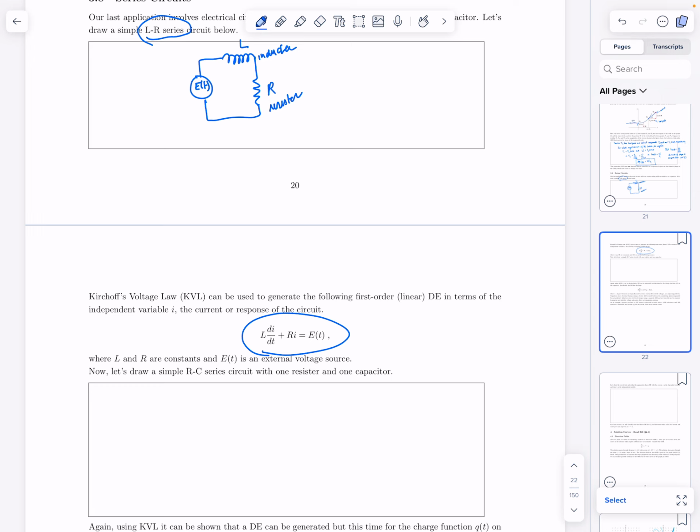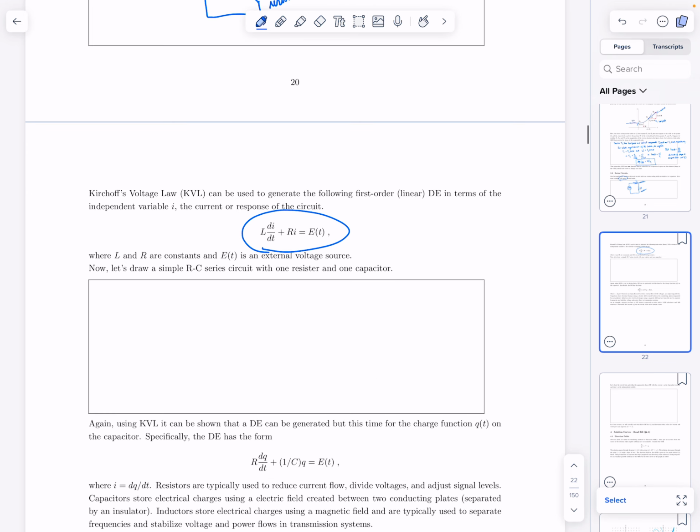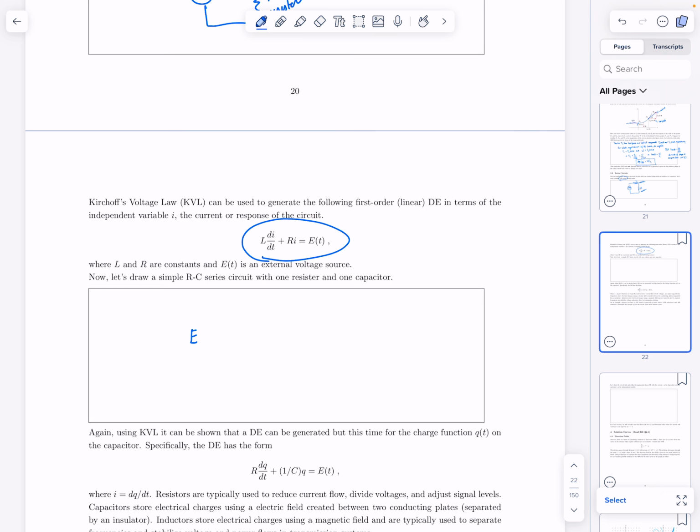Another option is maybe you only store energy with a capacitance. So you'd have your electromotive source here, and you would have a resistance again, R, but then you would have a capacitor, C there, again storing energy by the separation of two charged plates using an electric field.